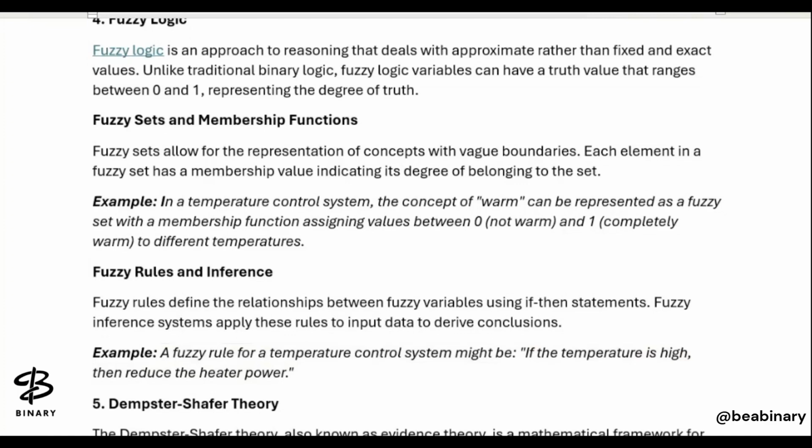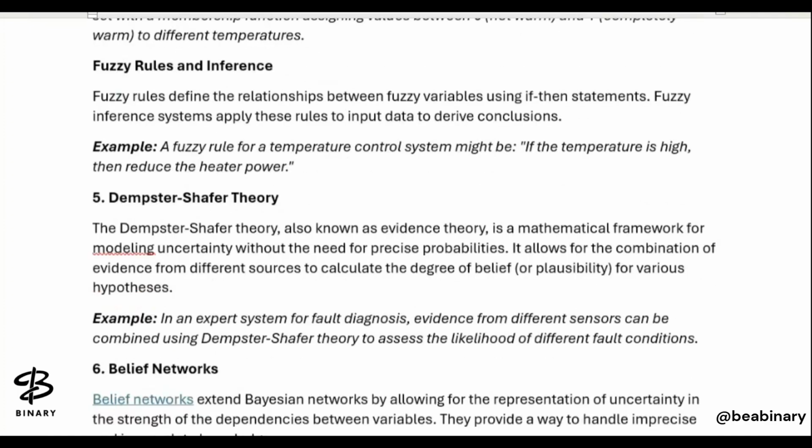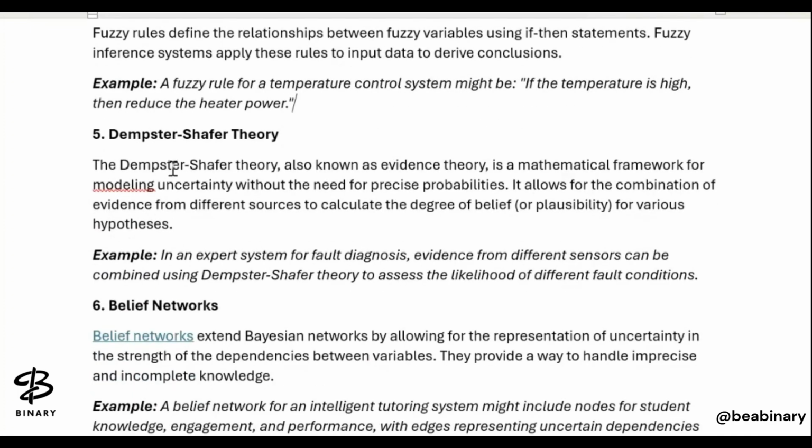Now, in representing uncertainty in a system, one theory we will talk about in detail is the Dempster-Shafer theory, which comes in the syllabus of the third unit. The Dempster-Shafer theory, also known as evidence theory, is a mathematical framework for modeling uncertainty without the need for precise probability. It allows for the combination of evidence.